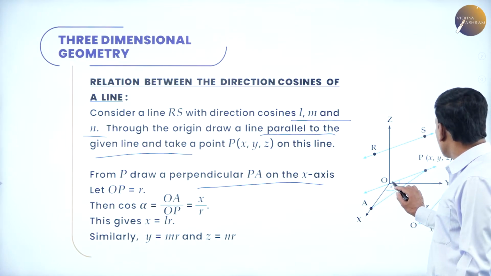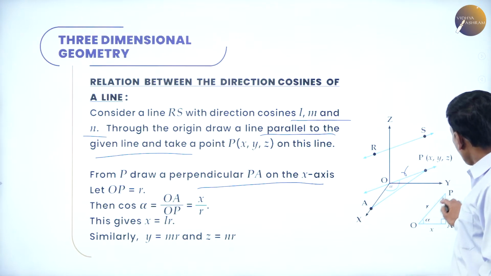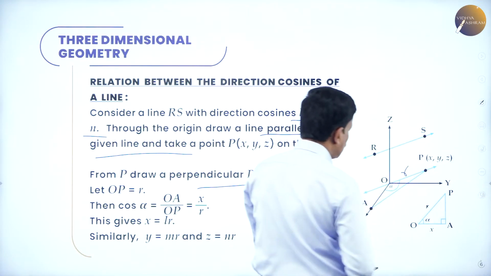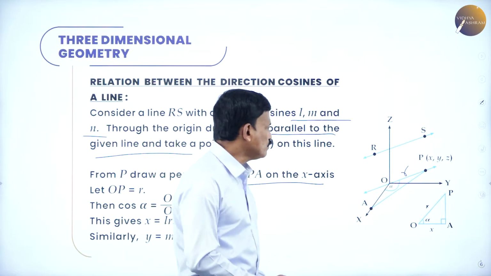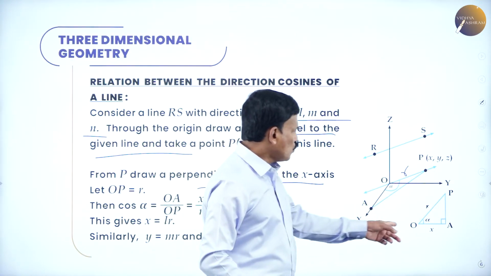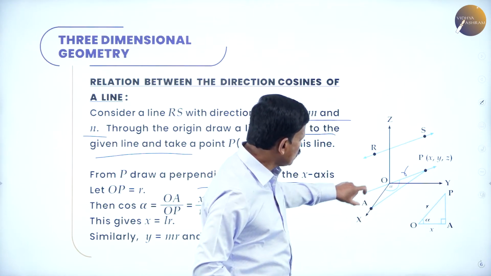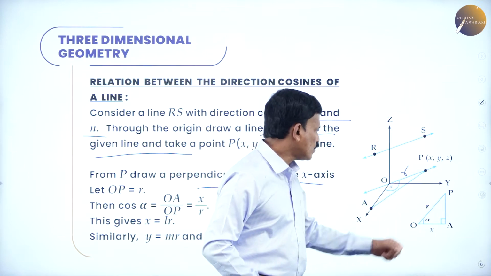Therefore, the distance OP is equal to r. From triangle OPA, OP is equal to r and OA is equal to x, the x coordinate of P.